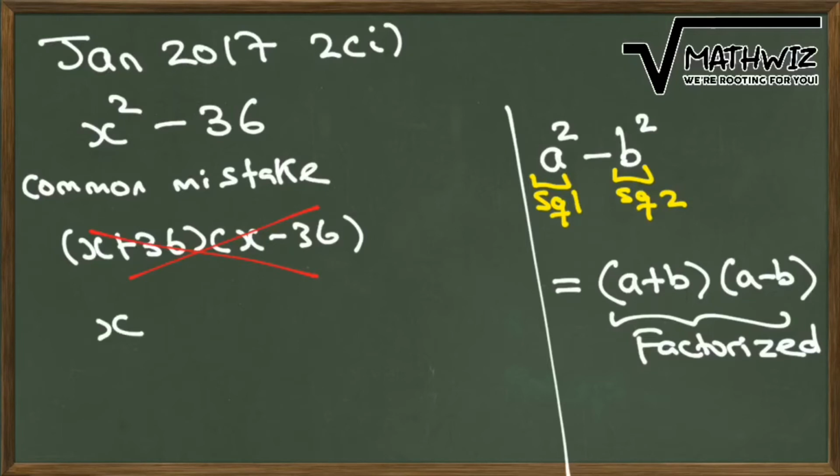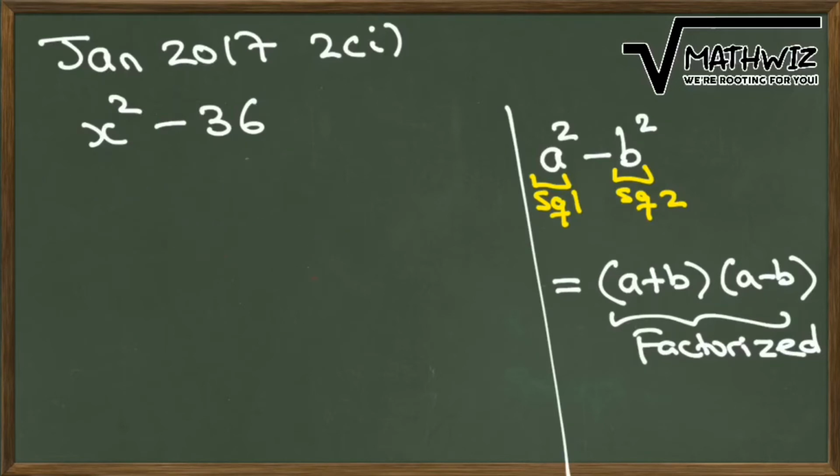So I have x squared. This 36, we want to think, is there a way that I can express that as a square? And I can. 36 can be expressed as 6 squared.